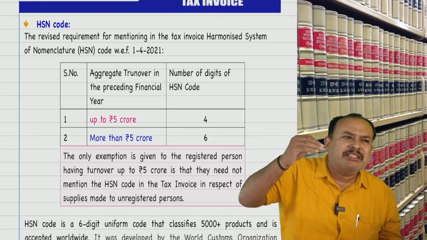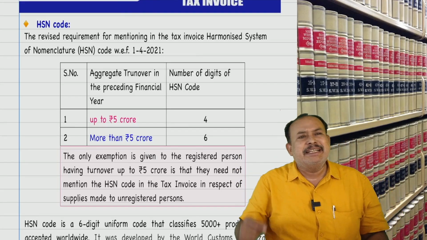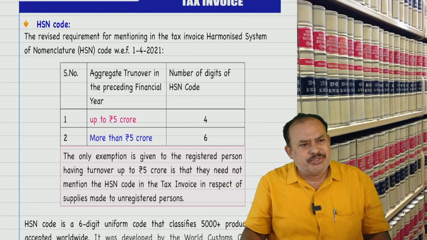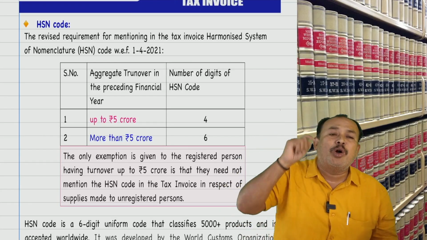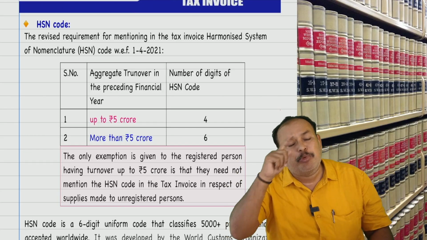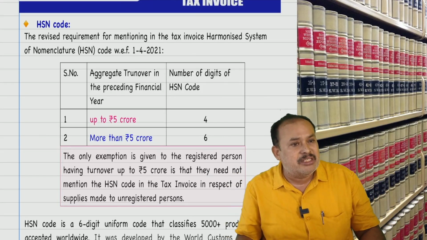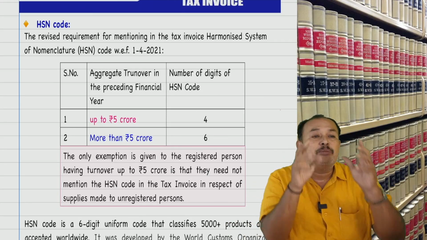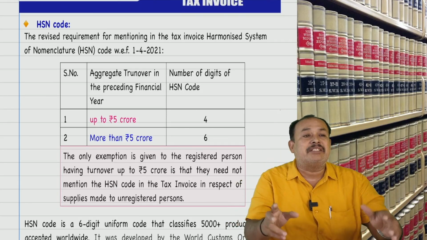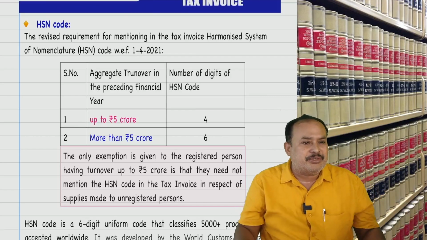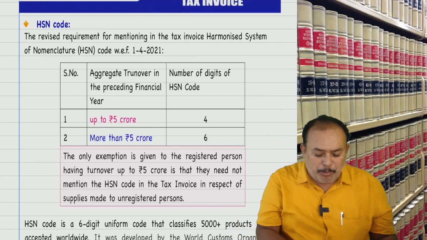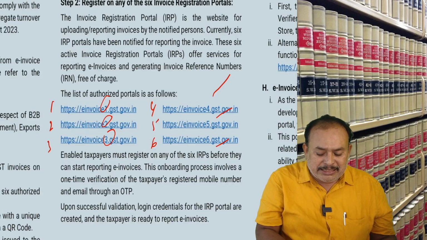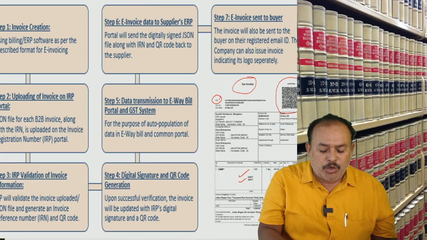You must mention in your tax invoice, which is going to be uploaded in the e-invoice portal to generate the e-invoice, a 6-digit harmonized system of nomenclature code should be disclosed in the invoice. You get my point? If that is not there, that invoice cannot be accepted as a good invoice.